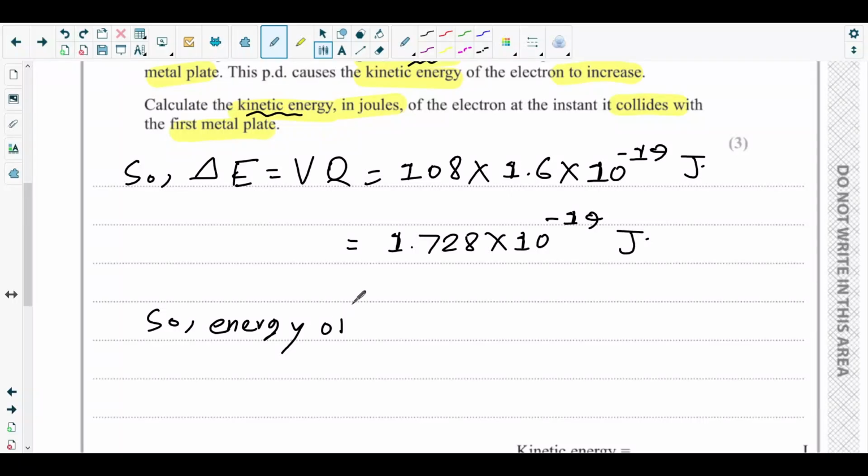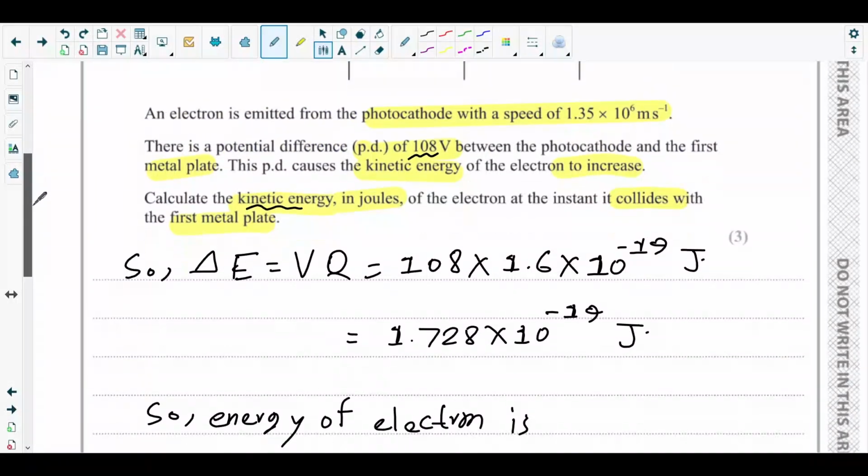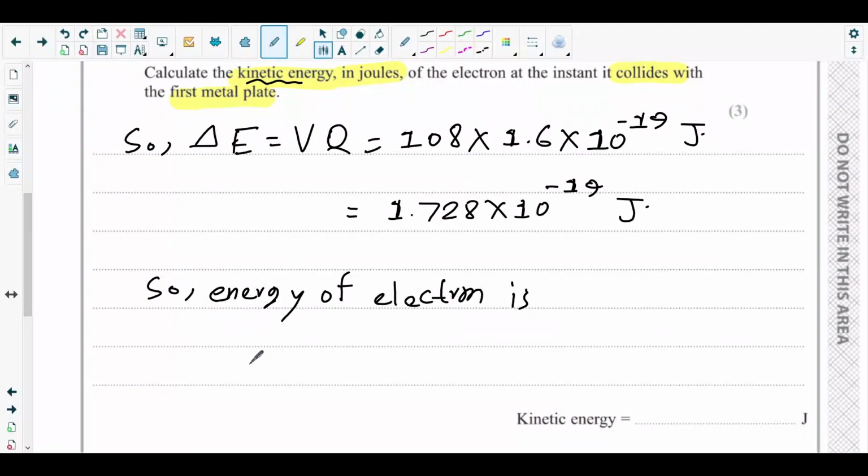So the energy of the electron would be the initial amount of energy plus the gained energy. The initial energy is not given, so we have to find it out here. Half mv squared, where the mass of an electron is 9.110 times 10 to the power negative 31 kg. This is the kinetic energy.